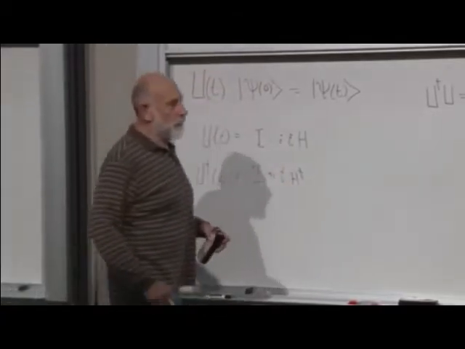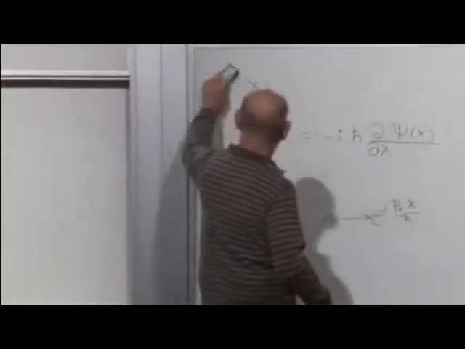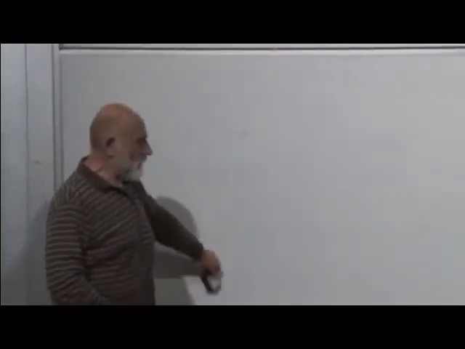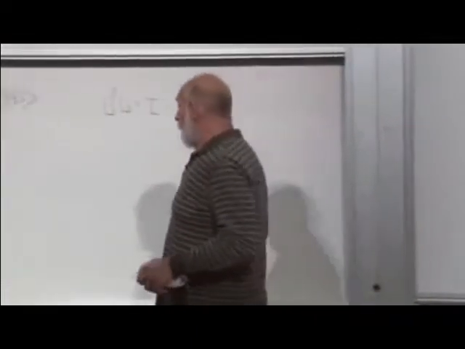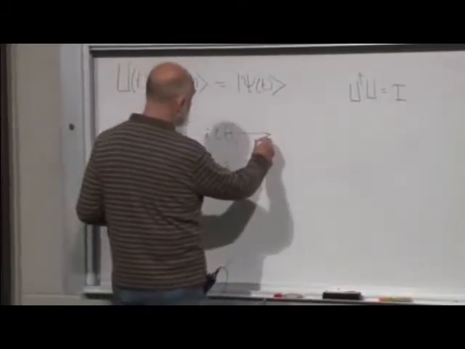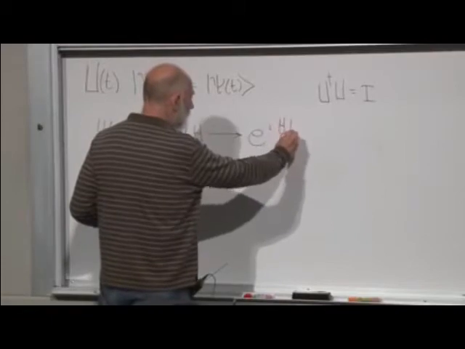Let's see if we can improve it a little bit. Well, I think I won't spend time at it. I will just tell you the answer. The answer is that this really should be written as e to the i H t.